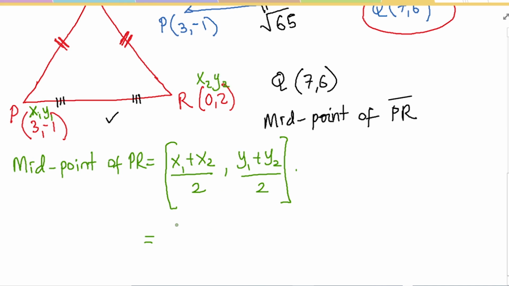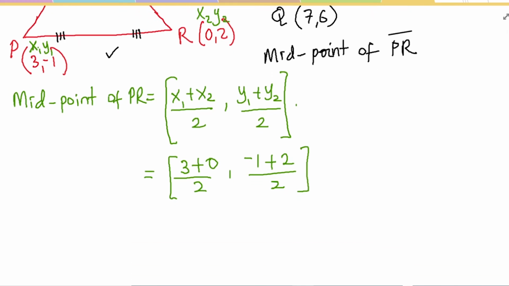So our x1 is 3 plus x2, which is 0, divided by 2, comma, y1, which is -1, plus y2, which is 2, divided by 2. From there we get the midpoint, which is 3 over 2, comma, a half. Let me leave it in fractions. So that's the value of our midpoint.